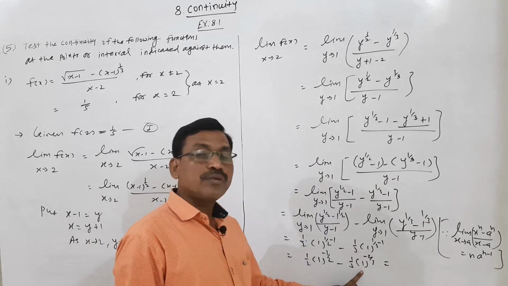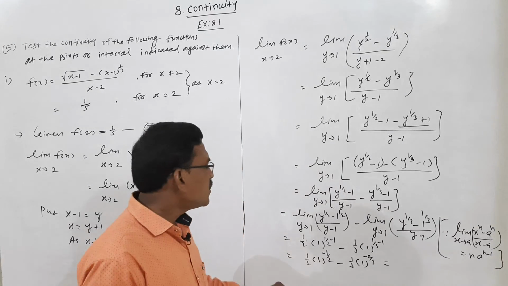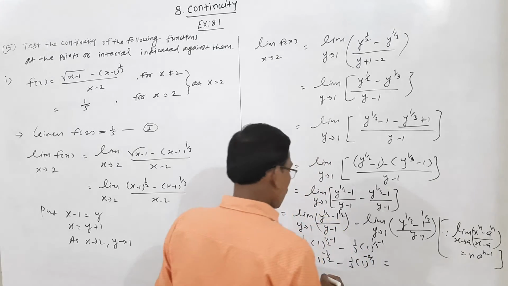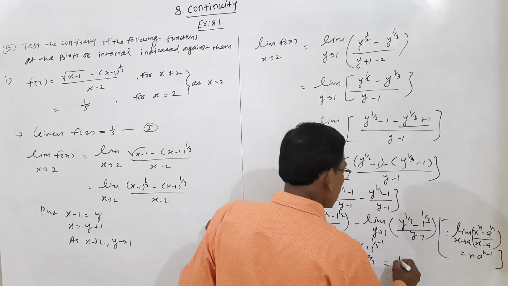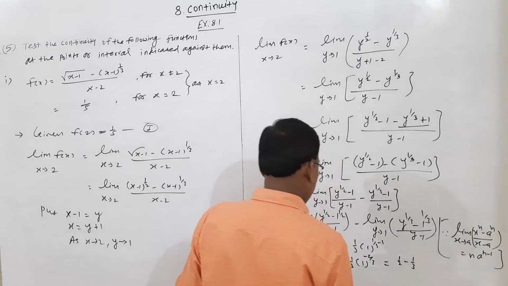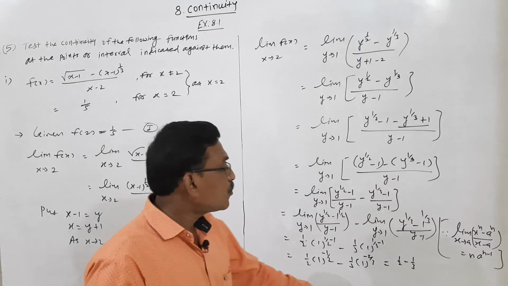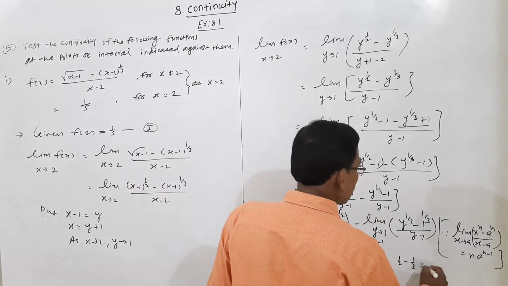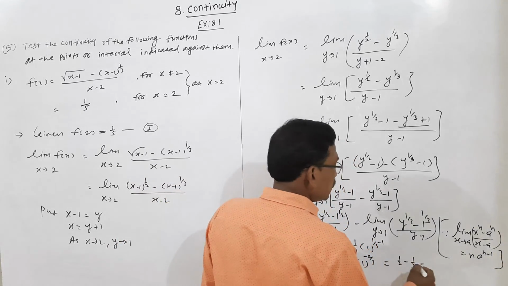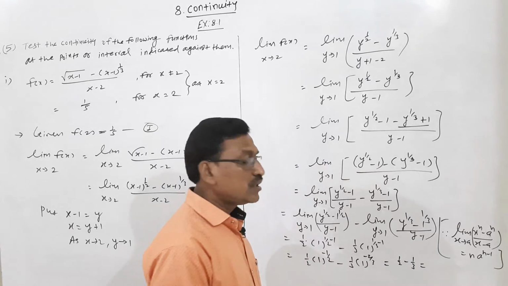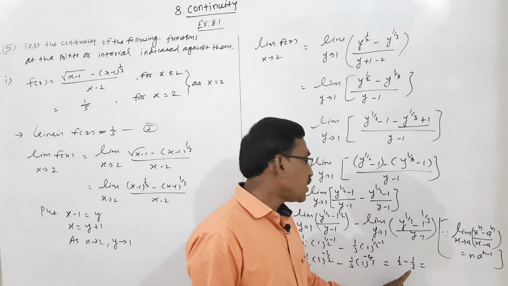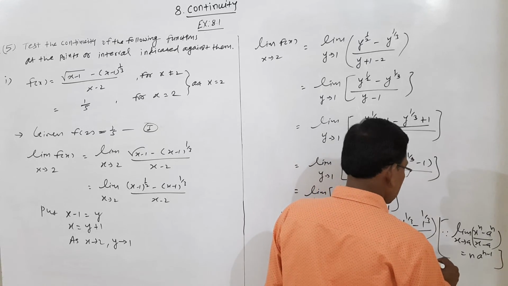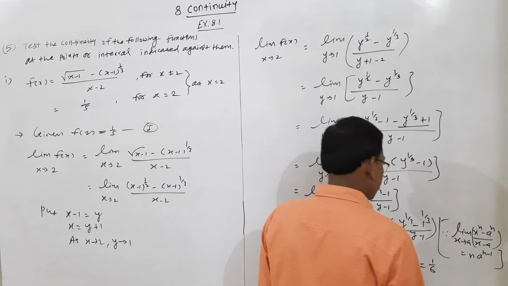Anyhow, any power of 1 is 1. So it is 1 by 2 minus 1 by 3. The value is 3 minus 2, which is 1, over the LCM 6. So it is 1 by 6.